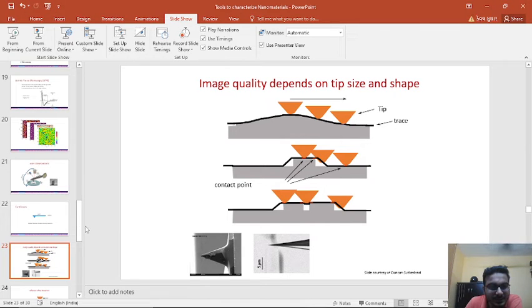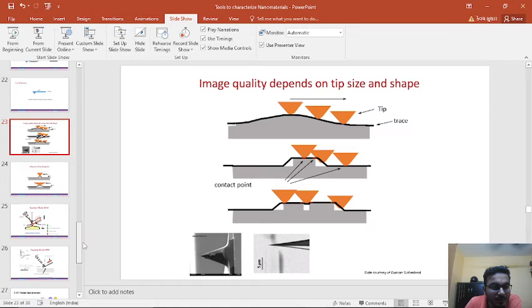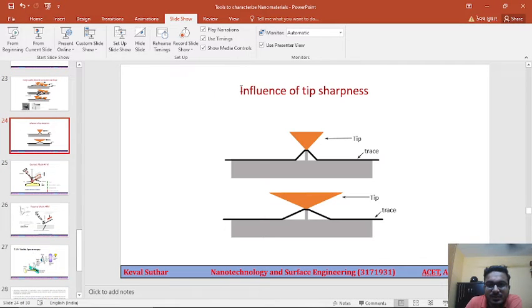These are the various examples. And then we have the influence of tip sharpness, that is, here we have this trace and here we have a tip. So in the first figure the tip is much sharper than the second one.